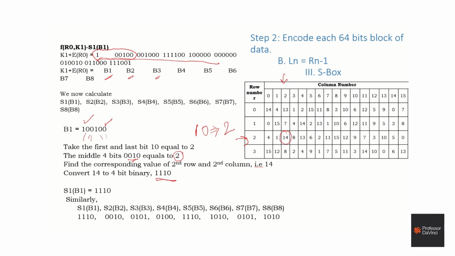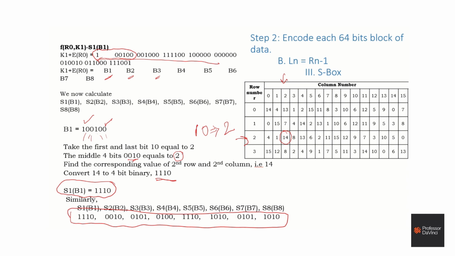So this is S1 of B1. Similarly, perform the same step for all of B1, B2, B3 until B8. So we yield this, the S-box output.